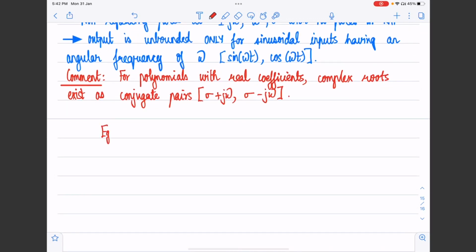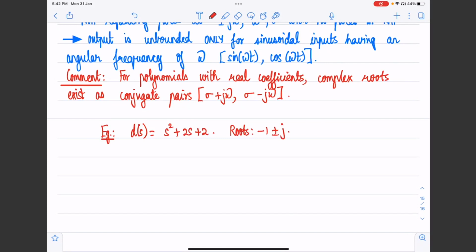Let's take an example. Suppose we had some polynomial as s squared plus 2s plus 2. You can solve and convince yourself that the two roots are going to be -1 plus or minus j. Please do that as an exercise; it's pretty straightforward.